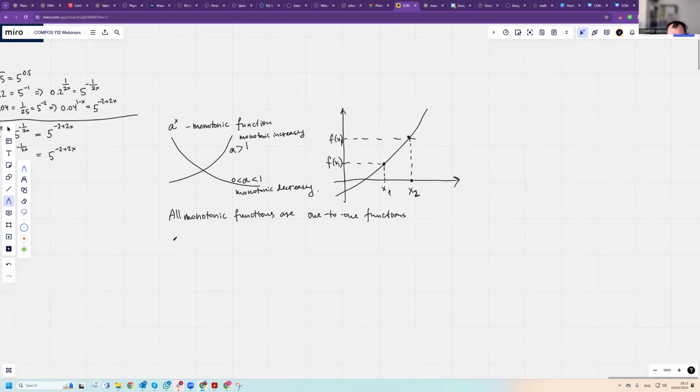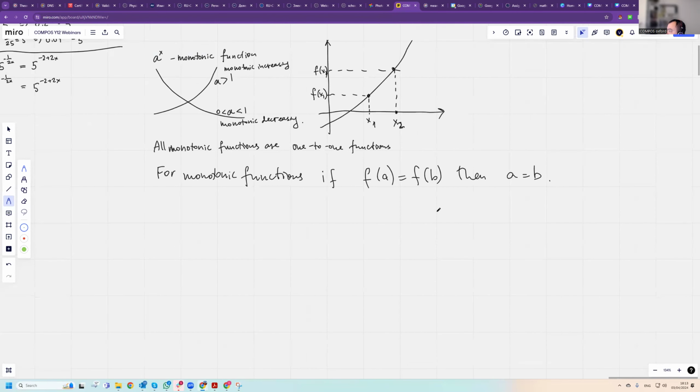So for monotonic functions, if f of A equals f of B, then A equals B. It's not always the case. It doesn't work for non-monotonic functions.